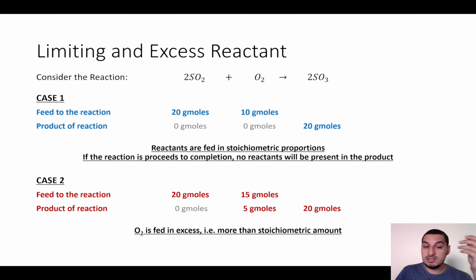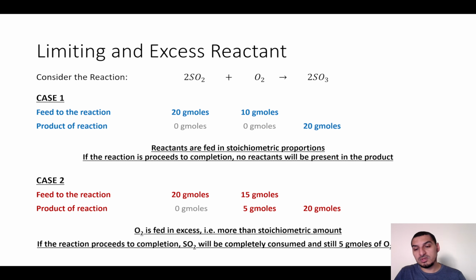Okay, so given these results, we can see that the oxygen is in excess, meaning that it's more than the stoichiometric amount that we need. If the reaction proceeds to completion, all SO2 would be consumed, and some oxygen will be present in the product, which is the 5 gram moles.